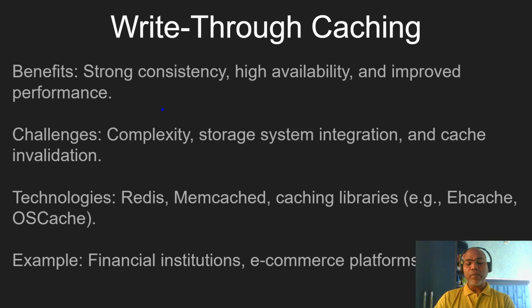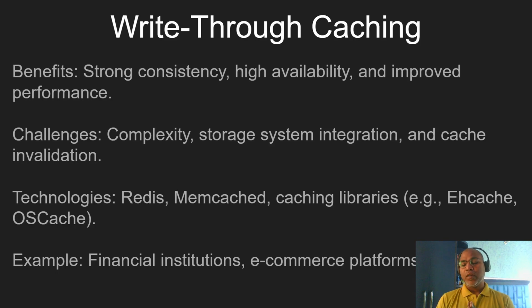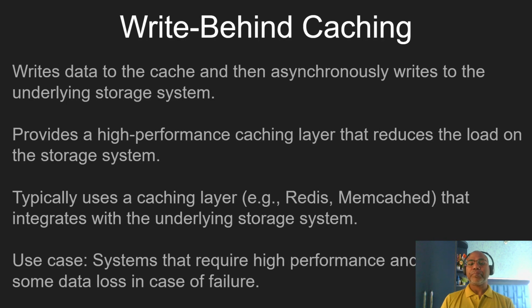If you want very high consistency, high availability and improved system performance, write through caching helps us. Redis, Memcached and the Ehcache library are used, and generally financial institutions and e-commerce applications where data consistency is very much required use it. If you still want to improve performance, go with write through caching.